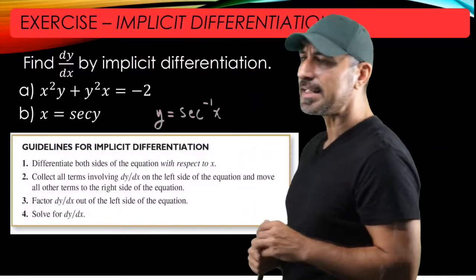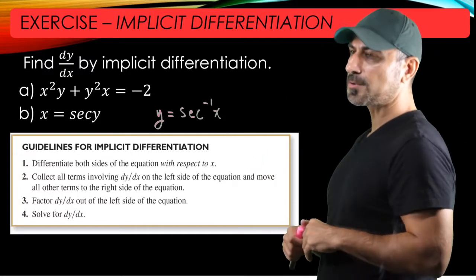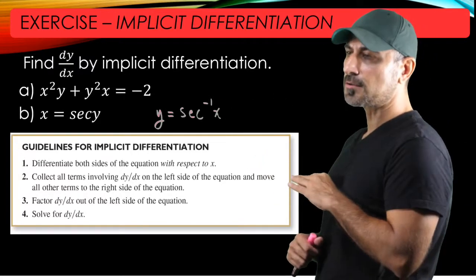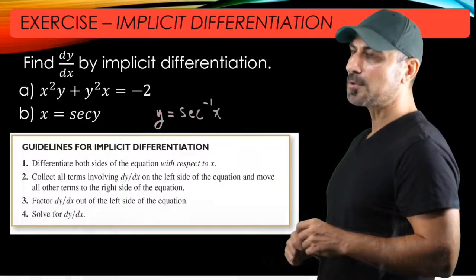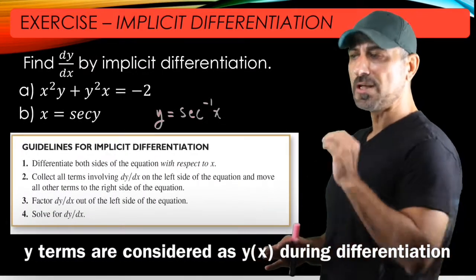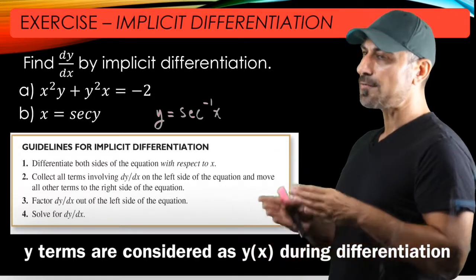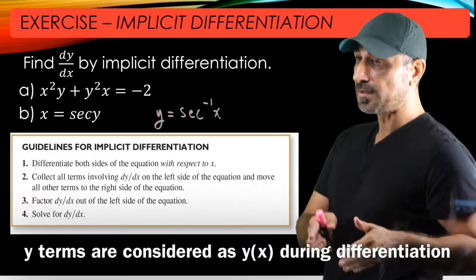The guideline goes like this. Since the function description is implicit, we're going to take the derivative of the full equation. We will just keep in mind that y is a function of x. So whenever we see y and we need to take the derivative of that, we will know that we're taking the derivative of a function of x.